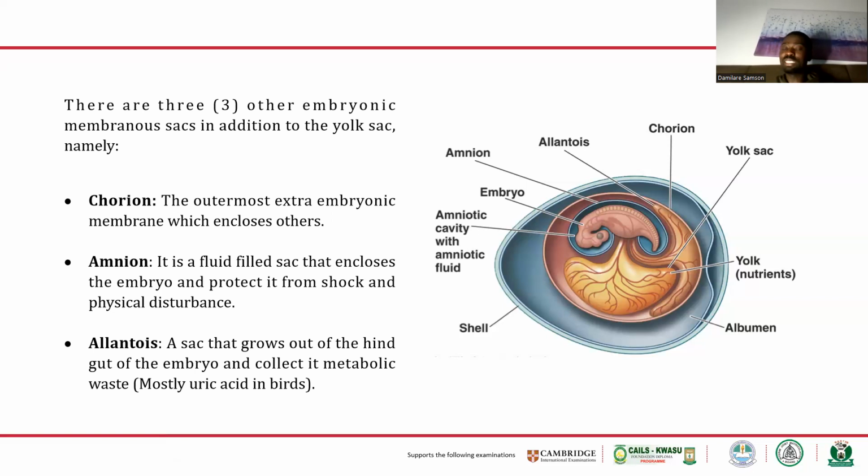End gut is more like talking about the anus, something like that. But basically you don't call it anus here. That's because the metabolic waste being collected is mostly uric acid, so it is not really solid. So the wastes from the embryo of the newly developing bird is basically uric acid.